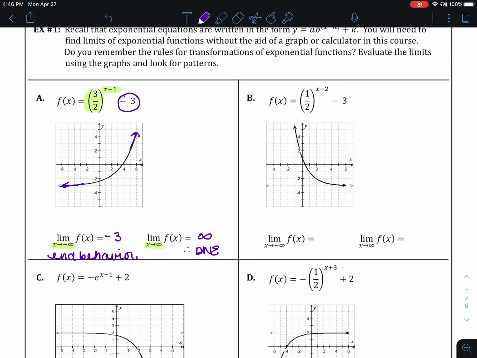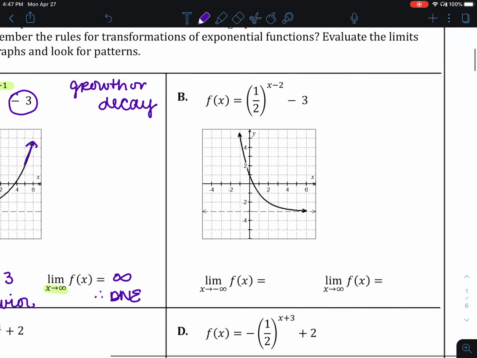And so what is important for you to be able to do is to look at the function and decide whether it's growth or decay, because once you know that, then that'll give you some indication about its end behavior. So let's take a look at function B. Function B is a decay function. We can tell this is because the b value is between 1 and 0.